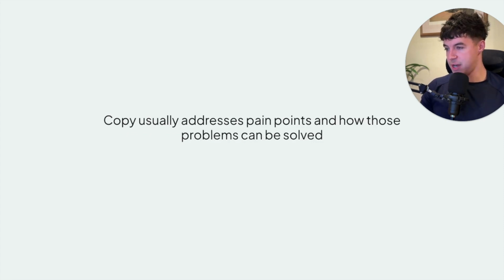Okay, let's move on. Copy usually addresses pain points and how those problems can be solved. Basically, in a lot of the copy that I looked at and read, people were talking more about the pain points that people are experiencing rather than the features of their service or their program or their gym.